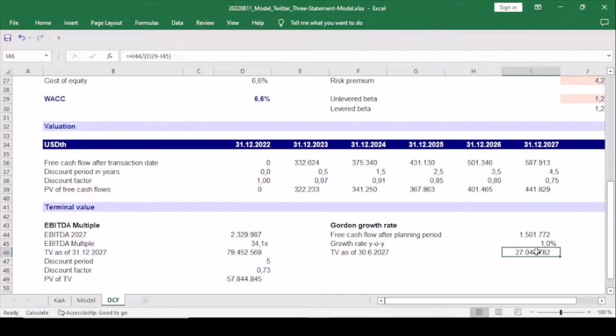So the model or this go-on growth rate might seem familiar to you, as the model is also applied in dividend discount models when valuing stocks.